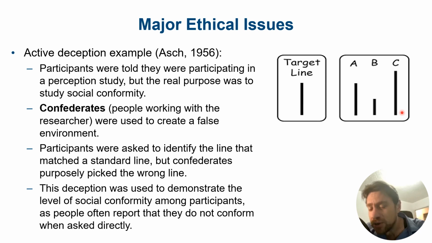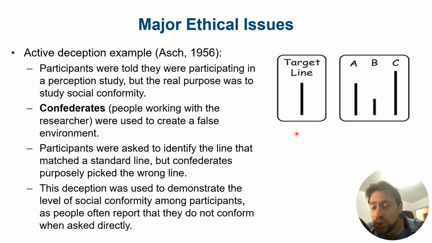And now it's your turn. And all eyes are on you. And the question is, do you conform to the masses, to the crowd, to the group, or do you go with the right answer? The findings from the study, if my memory serves correct, I think between 30 and 40%, so a sizable minority, conformed and said C was the same length as the target line.